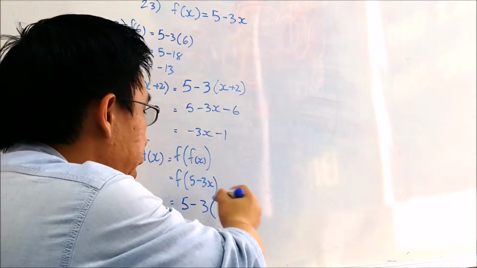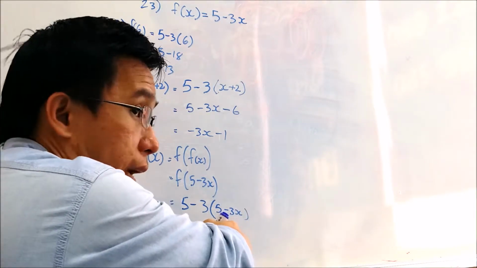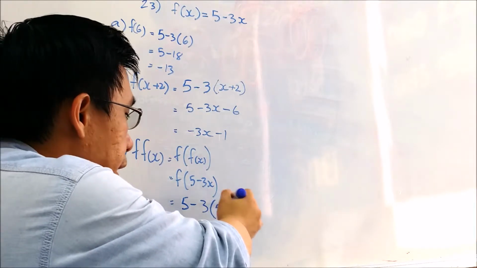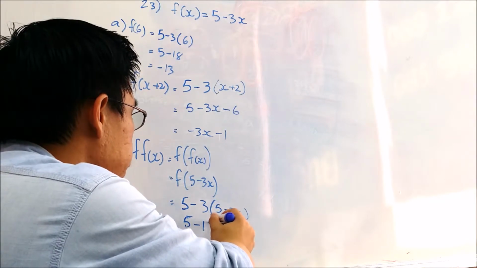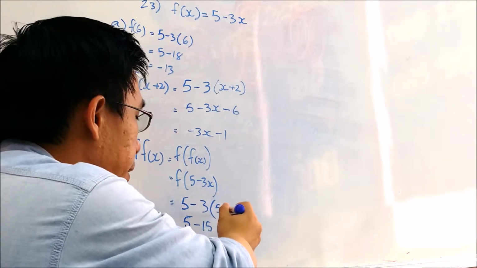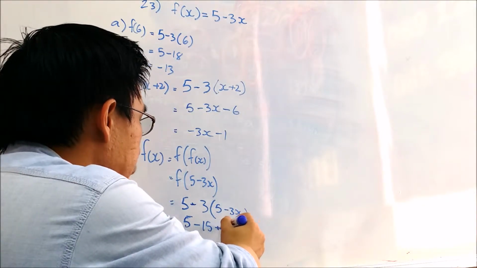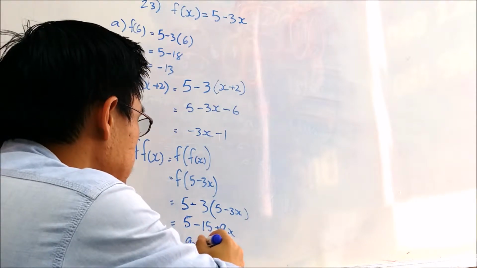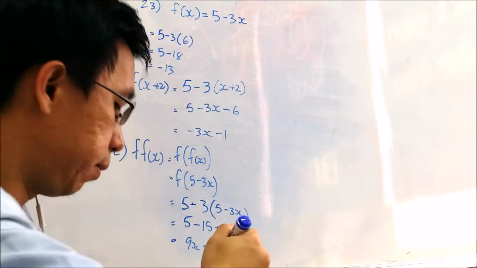So you put a bracket 5 minus 3x, instead of just putting the x, and multiply negative 3 inside the brackets. Negative 3 multiplied by 5 is negative 15. Negative 3 multiplied with negative 3x becomes plus 9x. Add it all together and it becomes 9x minus 10.